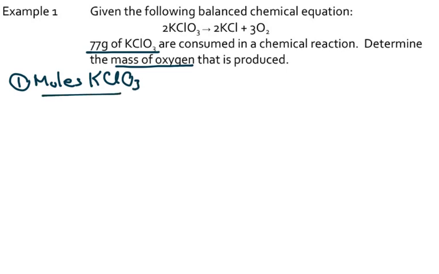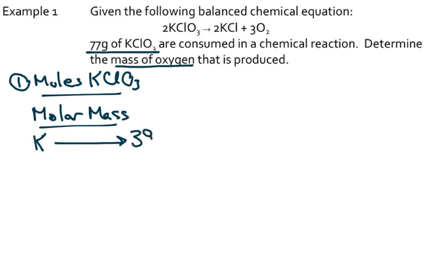To do that, the first thing we need to find is the molar mass of KClO3. So we need to pull out the periodic table here. In KClO3, we have a single potassium, and when we look up its molar mass, it weighs 39.098 grams per mole.